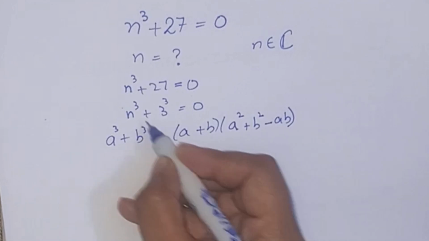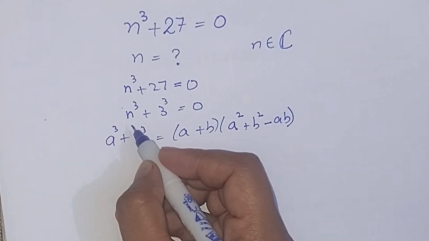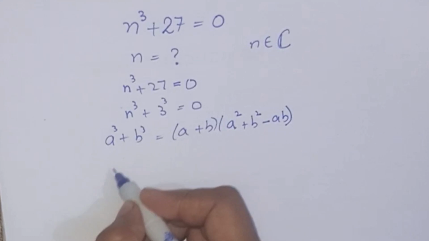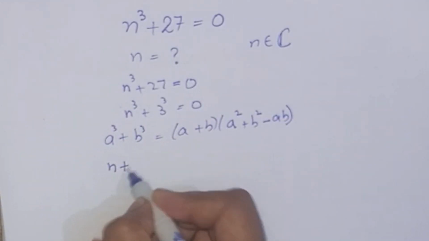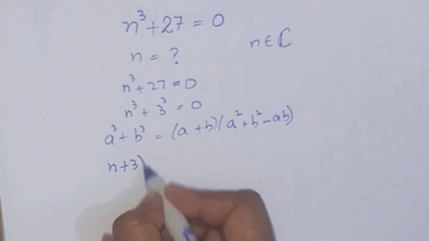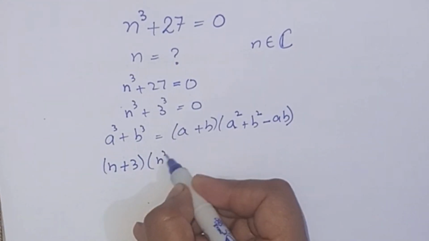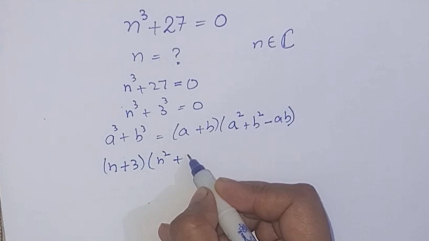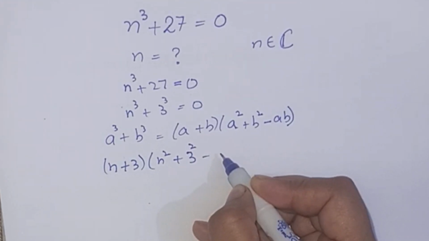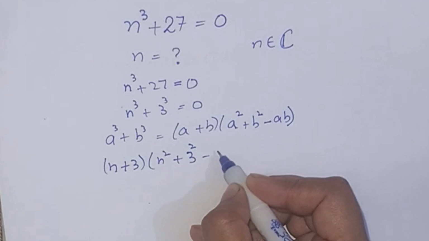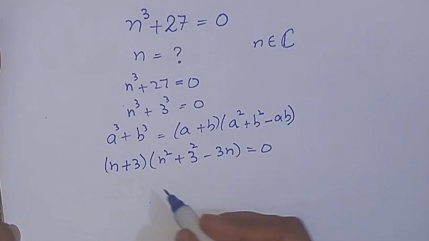Now we apply this identity on the left hand side, so a is n in our case, so n plus b is 3, so n plus 3, and this part will become n square plus 3 square, minus the product of a and b, which is 3n, equal to 0.